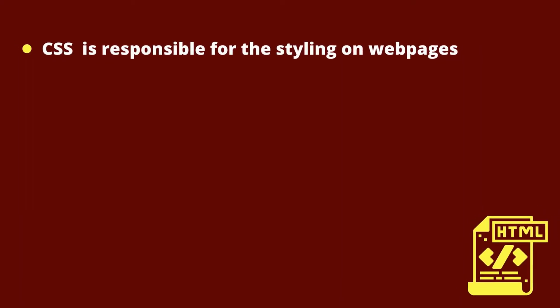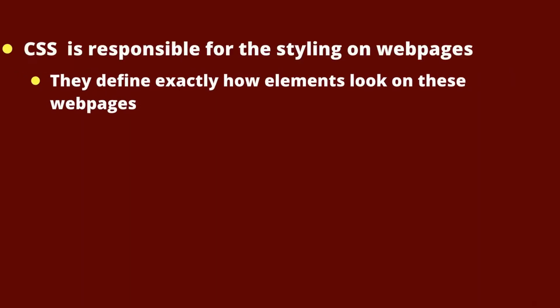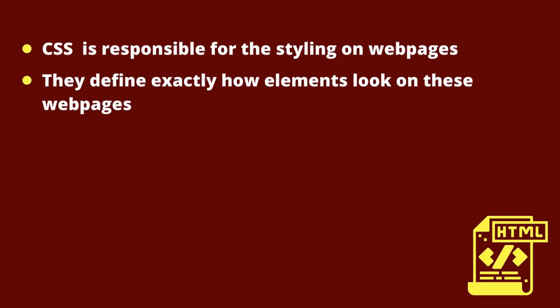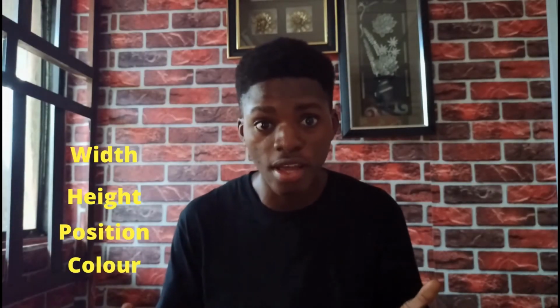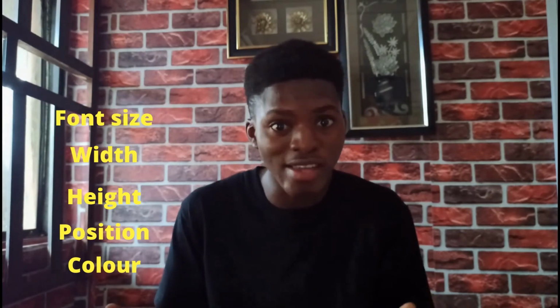CSS actually means cascading style sheets, and it is responsible for the stylings you see on web pages. CSS has the ability to style web pages. This is because they define exactly how elements look on these web pages. CSS determines things like the coloring, the position, the height, the width, and many others, including font sizes.